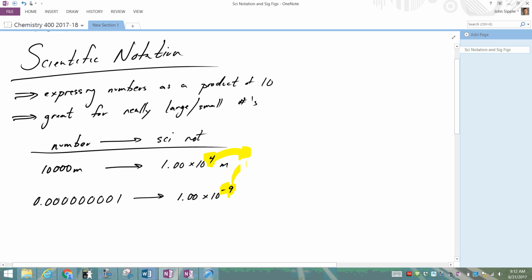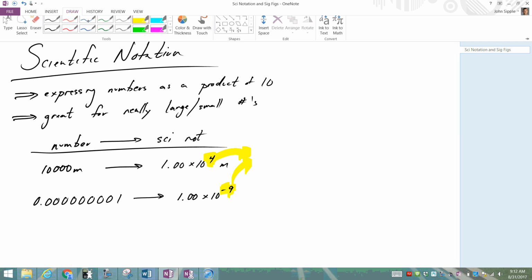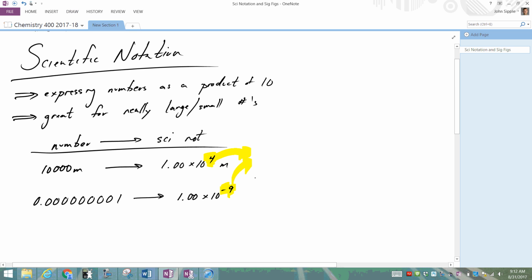So when we have a positive exponent, we're talking about large numbers, and if we've got a negative exponent, we're talking about small numbers.